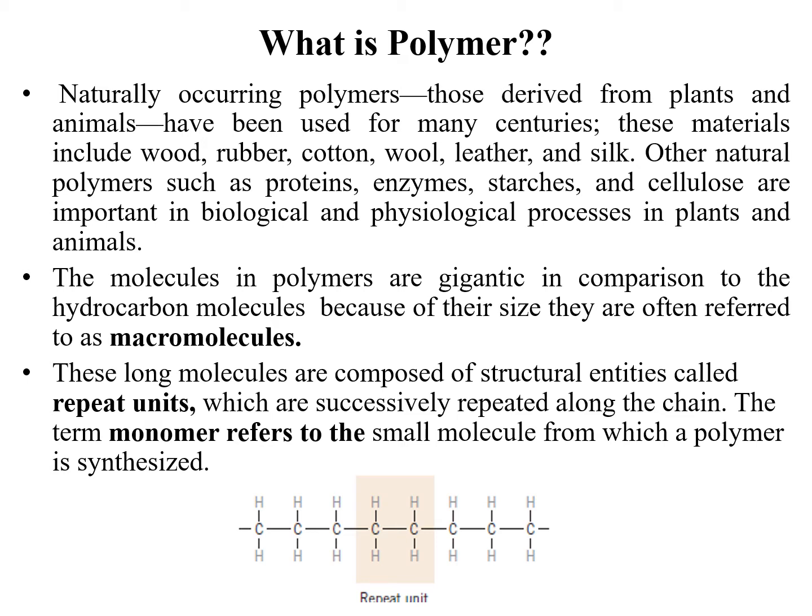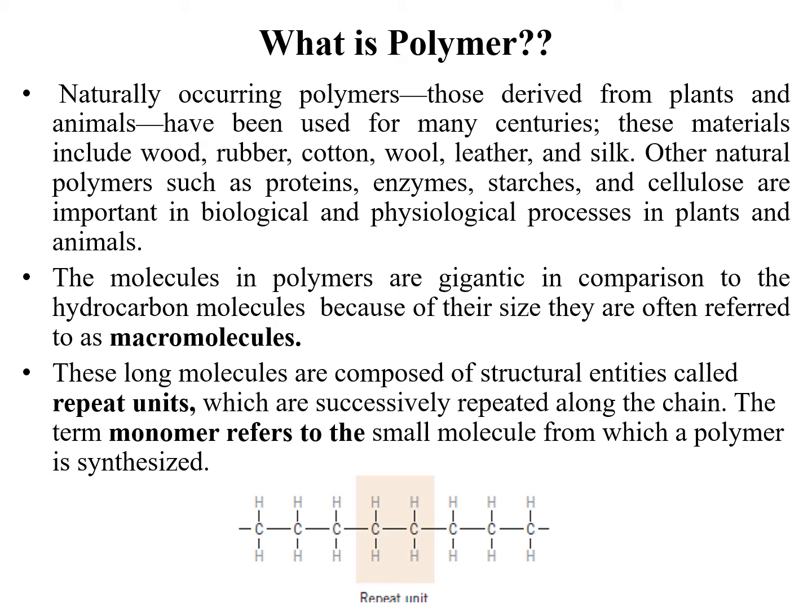Okay, so as I said, polymers can be naturally occurring polymers and they can be synthetic polymers. The naturally occurring polymers are derived from plants and animals and have been used for many centuries. These materials include wool, wood, natural rubber, cotton, leather, and silk.